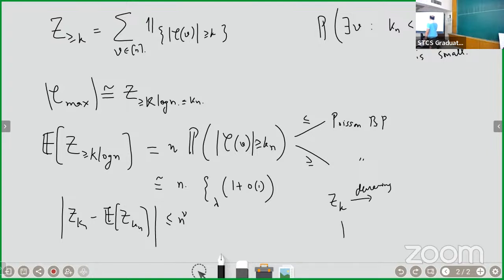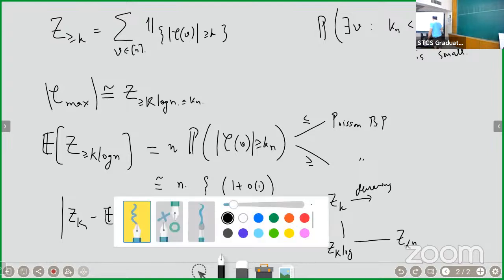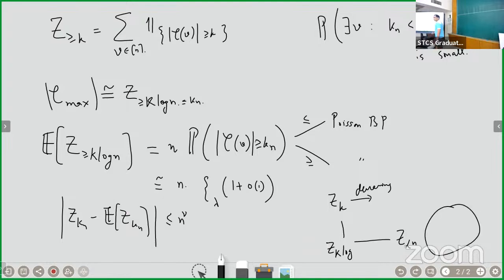Now I tell you that from Z at K log n to alpha not log n, there's nothing there, it's empty. So even if I'm counting from here, all I'm counting is things above. I'm counting things to the right of this because there's nothing in between. That is why that relationship holds.